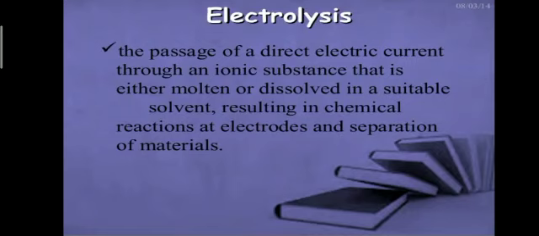Now, how can a chemical change take place? On passing the current through an electrolytic solution, ions migrate to the opposite electrodes. Meaning the positive one will move towards the negative one, and the negative one will move towards the positive one. It means that loss and gain of electrons will take place.